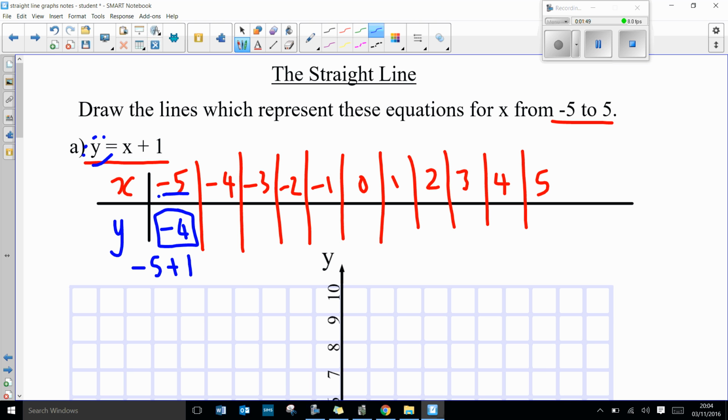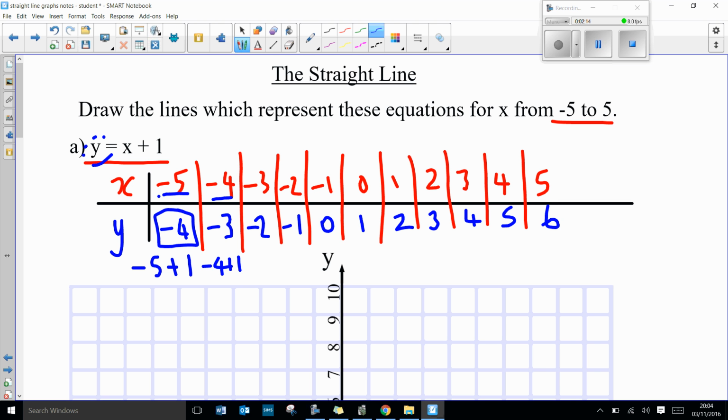In this box, my value of x is -4. My rule is x plus 1, so it's -4 plus 1, which is -3. Similarly, -3 plus 1, and as you can see, I've spotted a pattern.